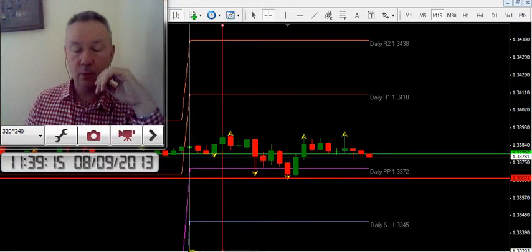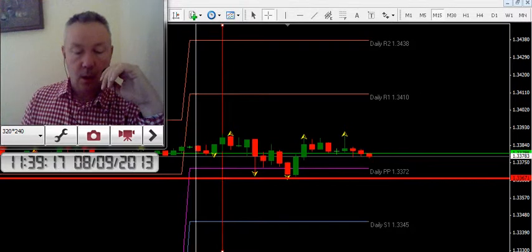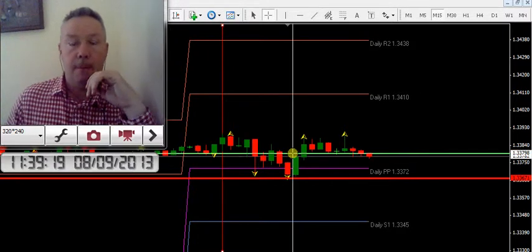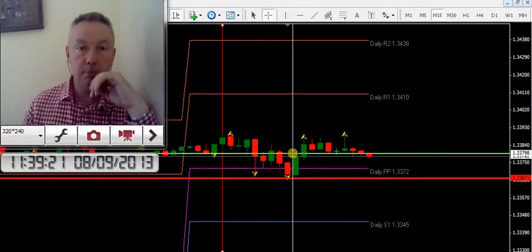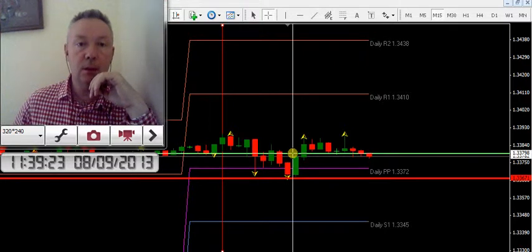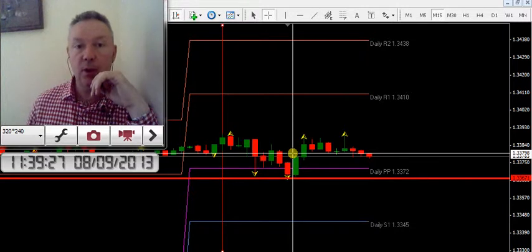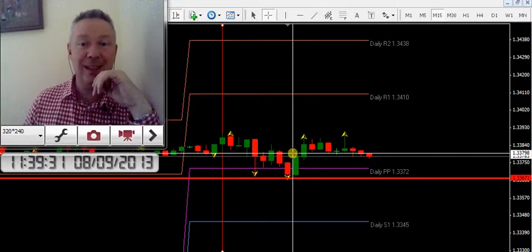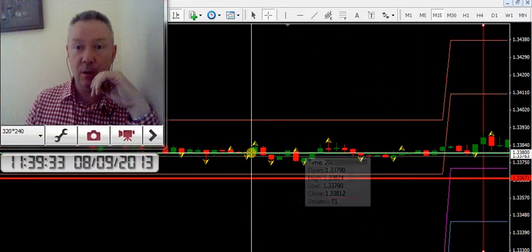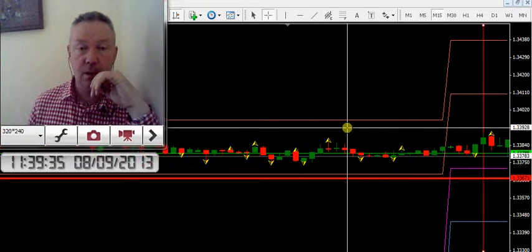Another thing I was thinking that maybe would save me these losing trades is to actually wait until it's got out of the range that it's in. But hang on, if I wait until it's got out of the range, I've just lost the trade, haven't I?